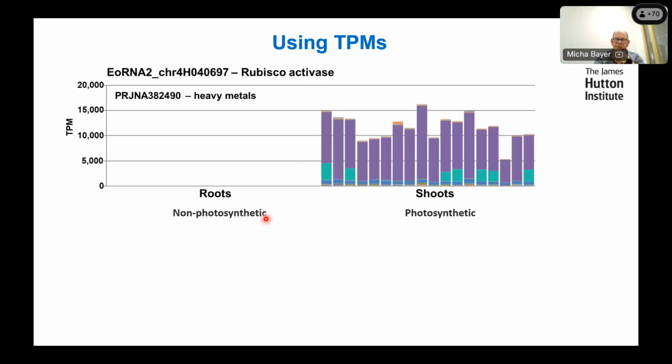And I want to make you aware of things like photosynthetic versus non-photosynthetic genes. So Rubisco activase is a well-known photosynthetic gene, and you can see that it generates a lot of TPM values when it's in the photosynthetic tissue and not in the non-photosynthetic tissue.